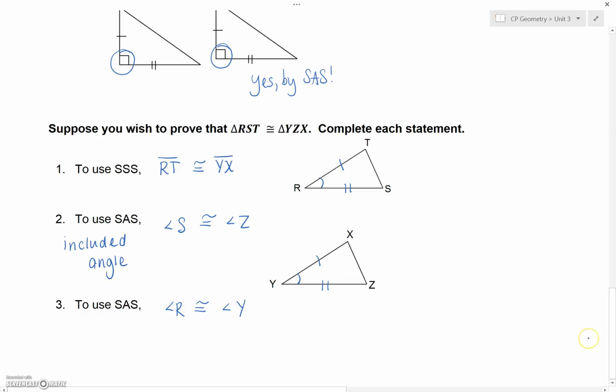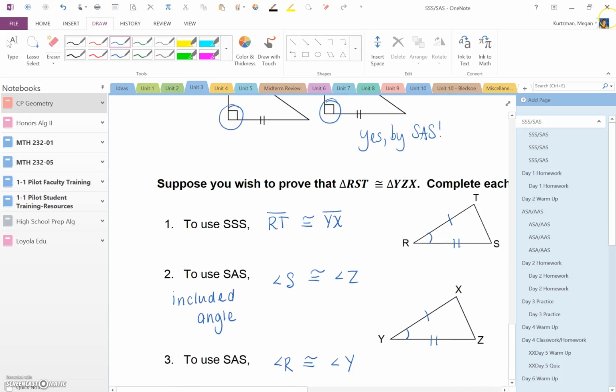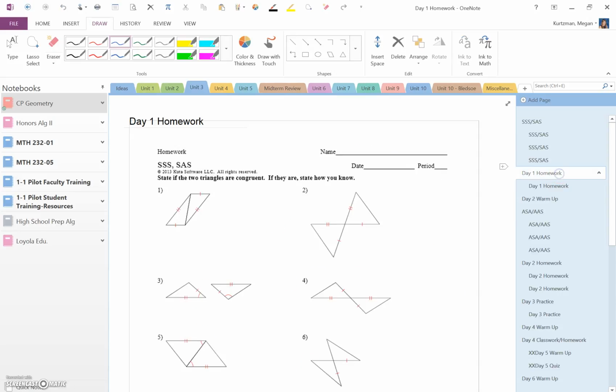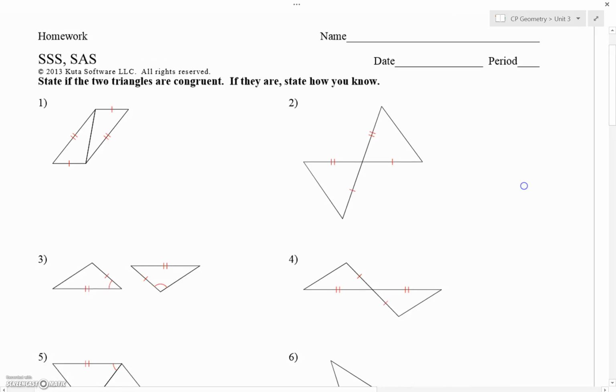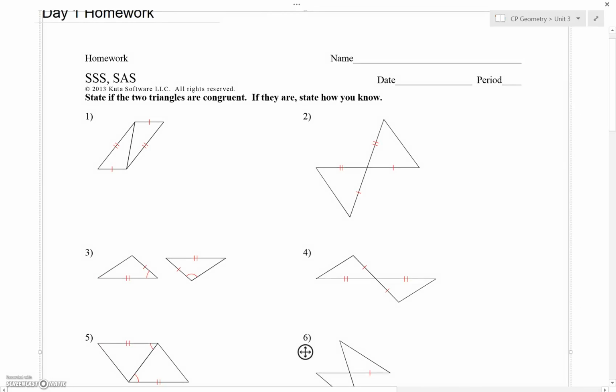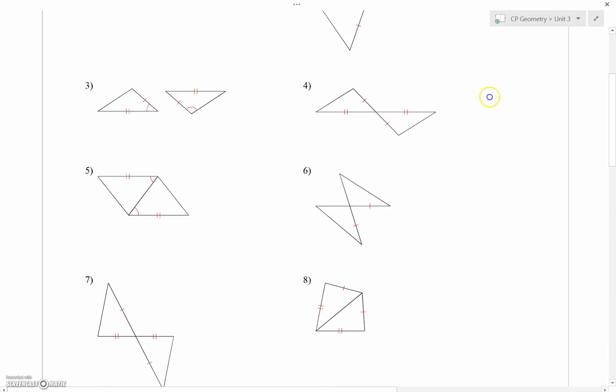So tonight's homework is going to look similar to what I've been showing you on today's screencast. It's this worksheet that should also be in the content library. You're going to be practicing showing whether or not you can use side, side, side or side, angle, side to prove that the triangles are congruent.